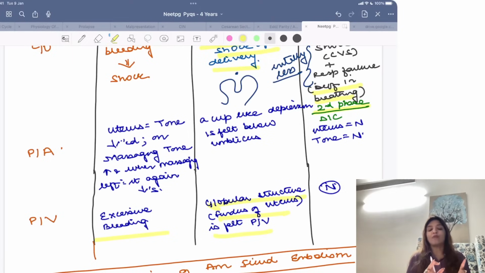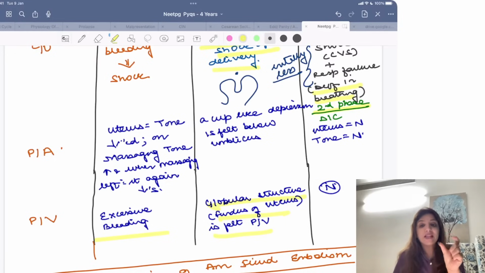So in case of amniotic fluid embolism, question can come in two ways. If the question is on the first phase, it is going to say the patient was having respiratory difficulty, breathlessness, and the patient was in shock and the bleeding was less. But if the patient goes into the second phase, then the patient is going to have excessive bleeding.